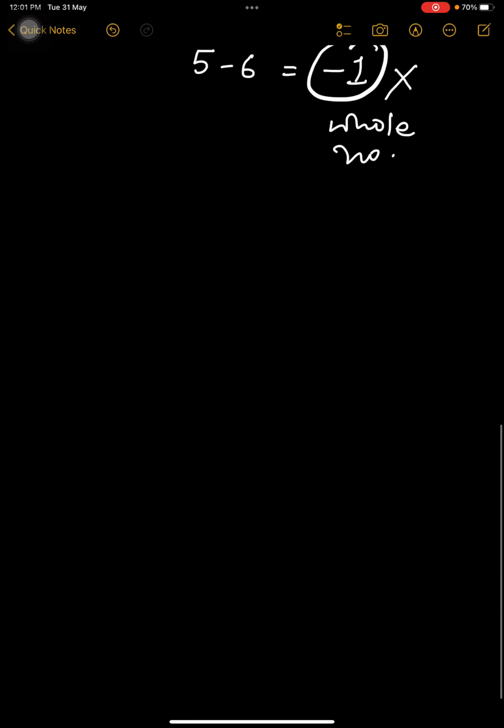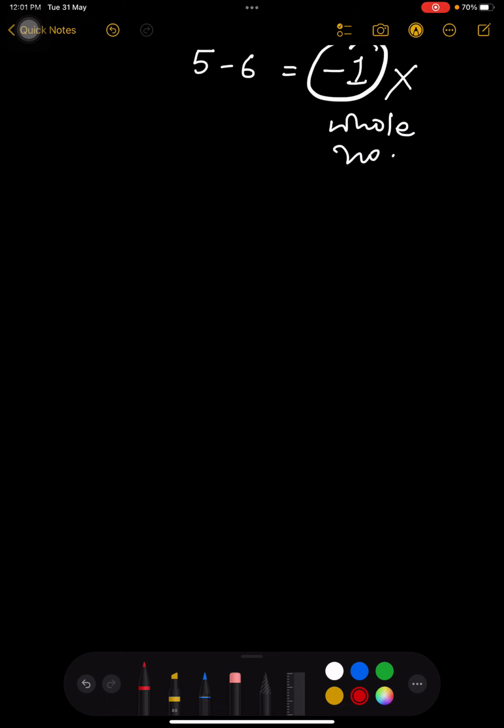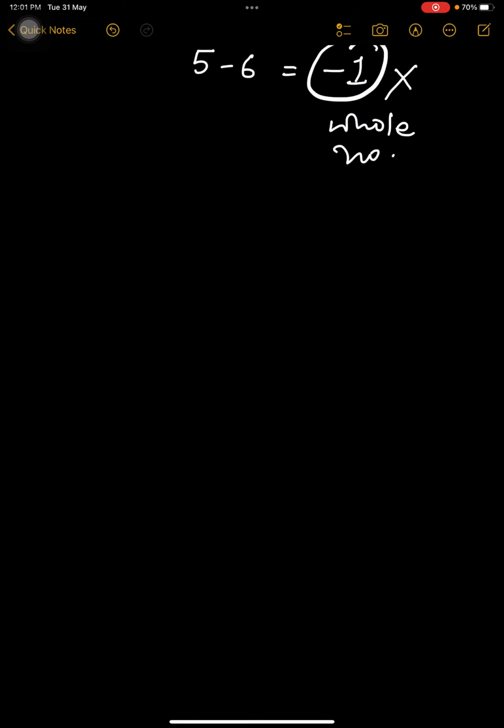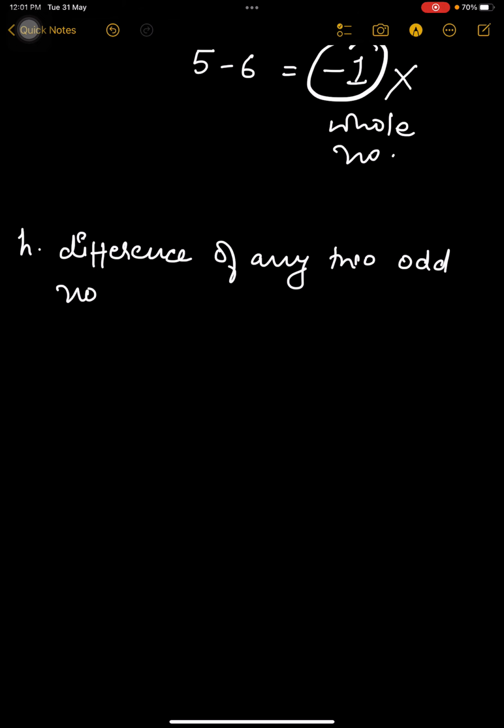Let me take another part, the part H. What does part H say? Part H says difference of any two odd numbers is always a dash number.